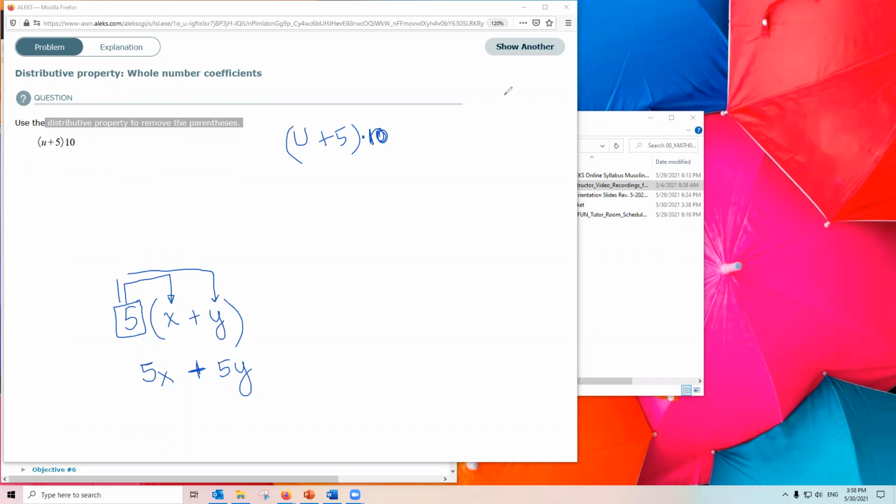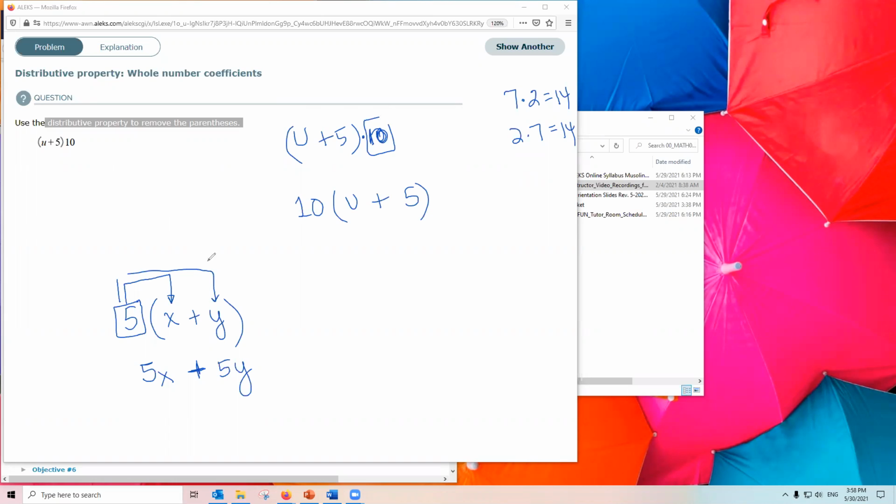You know, if I have 7 times 2, that's 14. That's the same as 2 times 7. That's still 14. So anytime I have a multiplication, I'm allowed to switch around the order. I'm going to do that to make this a little easier. I'm going to take this 10 and put it in front of the parenthesis. I don't have to do that, but it just makes it a little easier to recognize the distributive property.